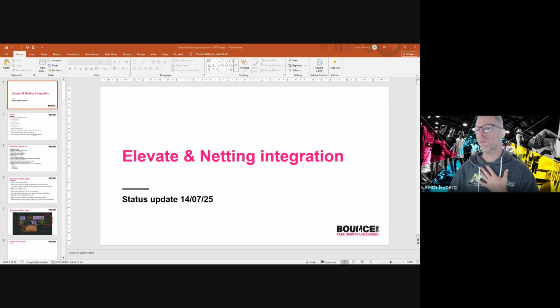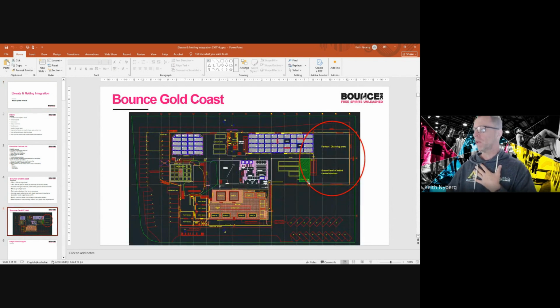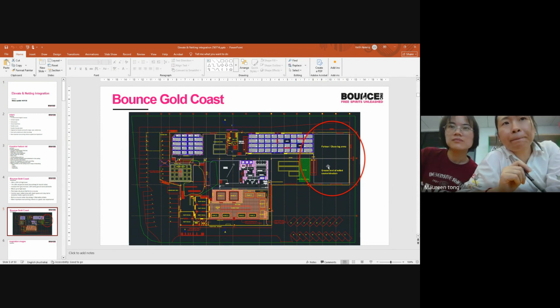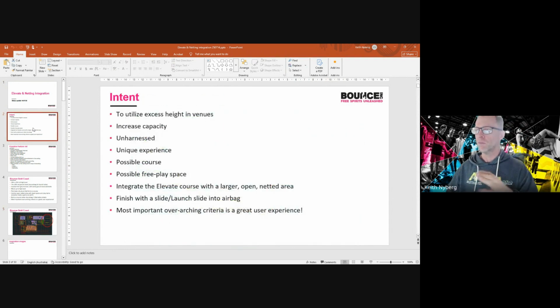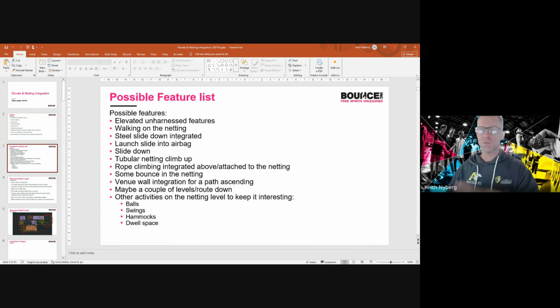So again, what we're thinking is that it's possible to have netting over this, or something over this whole area at height, and use the low level for that. Here are some possible features.